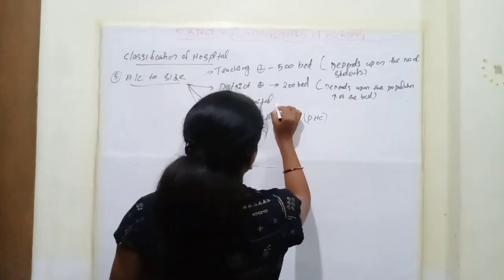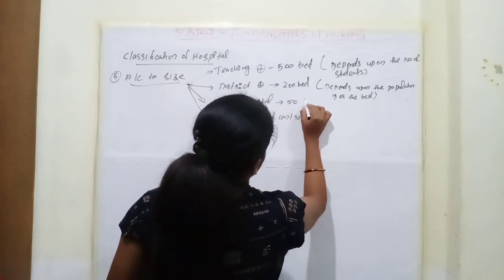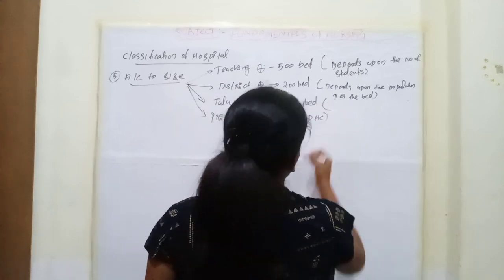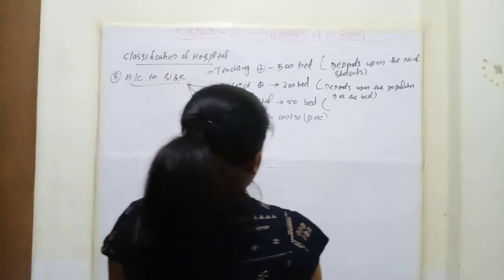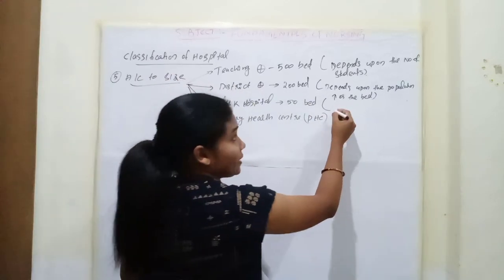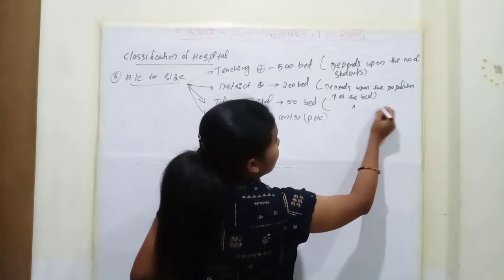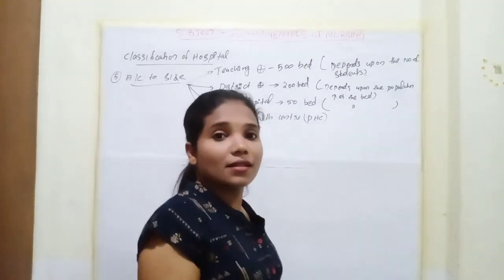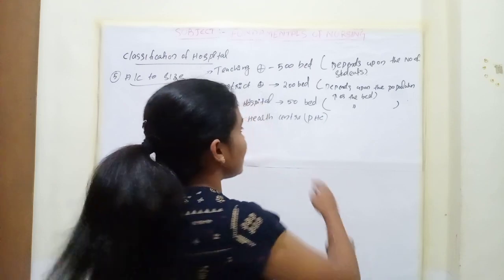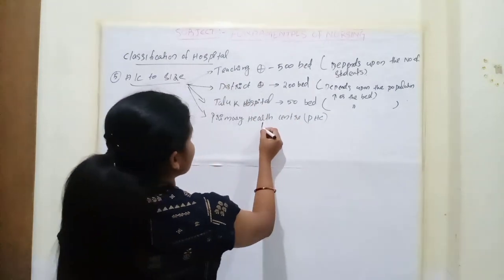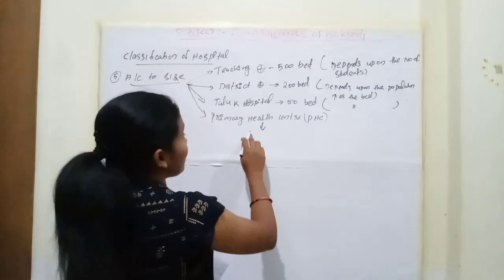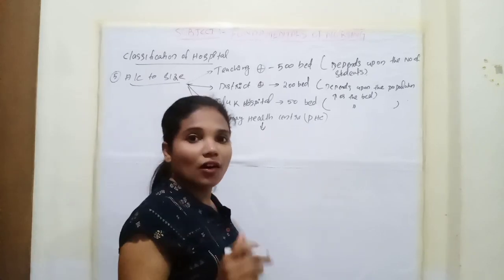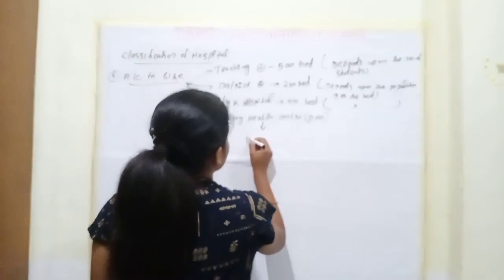And next one is the taluk hospital. The taluk hospital has 50 beds, and it depends on the population in the same way. If more patients come, they can increase the beds. And the last one is the primary health center, or PHC.